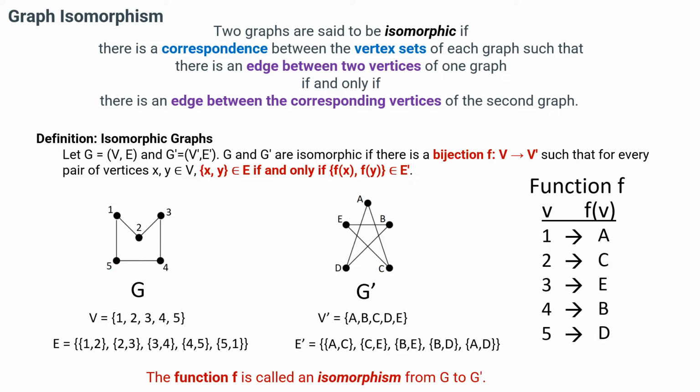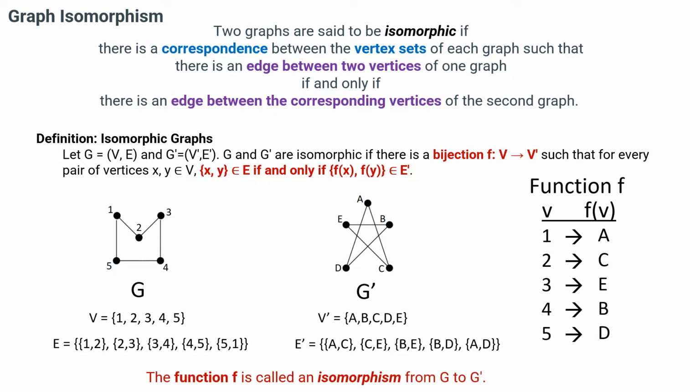Now notice, we could have come up with some other functions, if we had 1, 2, 3, 4, 5 correspond to just in alphabetical order A, B, C, D, E, we would not have found this correspondence between the edges. So just because two graphs are isomorphic doesn't mean every correspondence is going to be an isomorphism. There's just some of them we might be able to find one, maybe we can't. So that's what we can do with this.